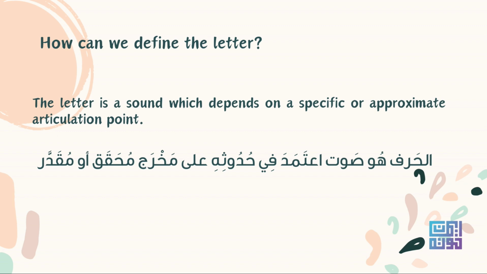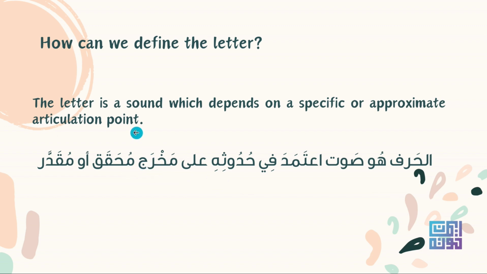And the letter is a sound which depends on a specific or approximate articulation point. So it's a sound that occurs in a specific or approximate articulation point. And here it's written in Arabic, الحرف هو صوت اعتمد في حدوثه على مخرج محقق أو مقدر.